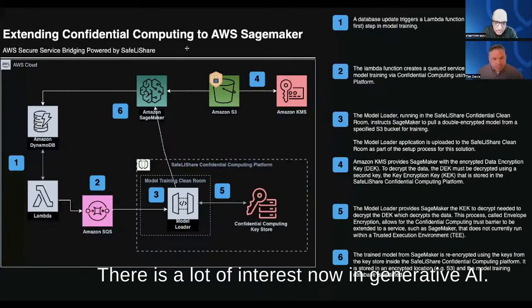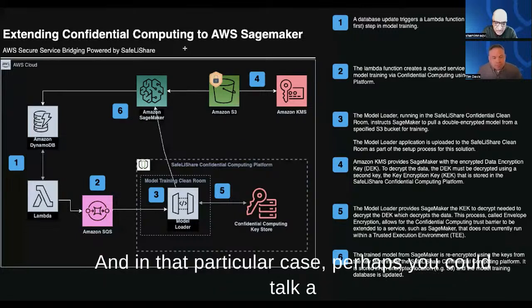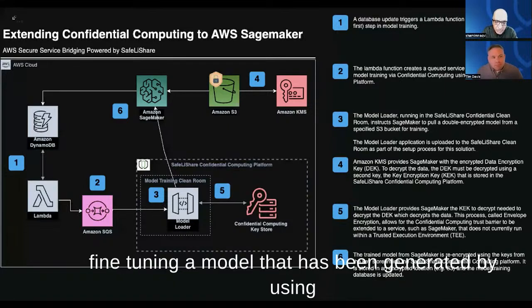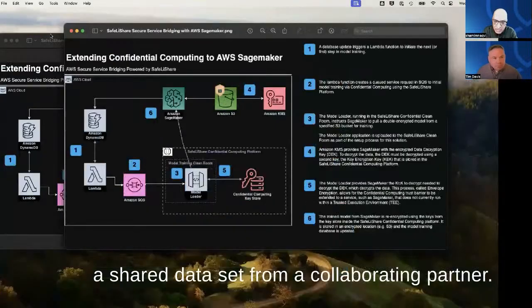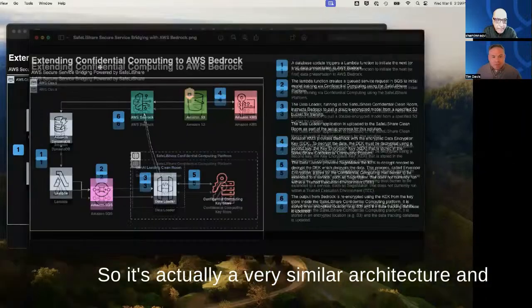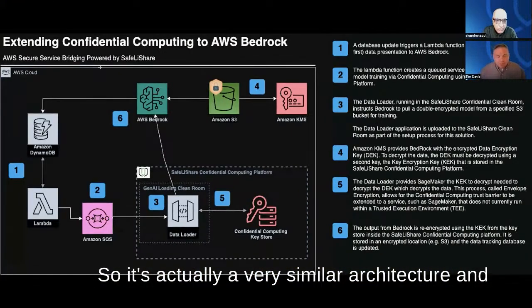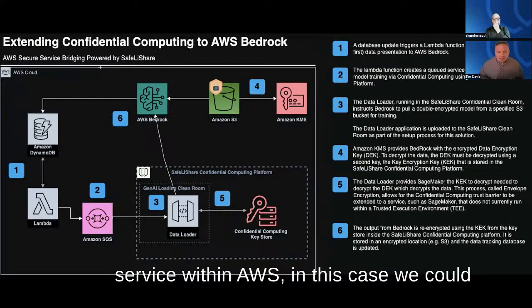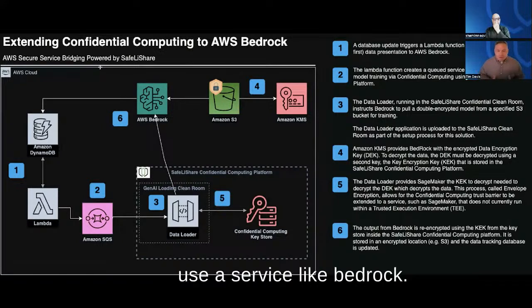There is a lot of interest now in generative AI, and in that particular case, perhaps you could talk a little bit about a use case in which you are fine-tuning a model that has been generated by using a shared data set from a collaborating partner. Yeah, absolutely. So it's actually a very similar architecture and deployment, in that, instead of using the SageMaker service within AWS in this case, we could use a service like Bedrock.